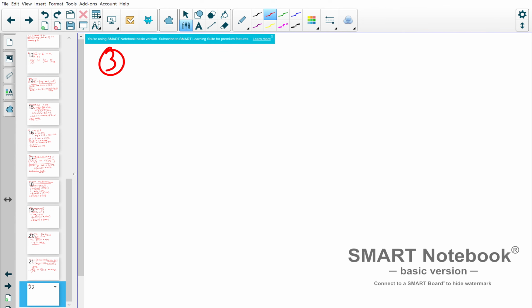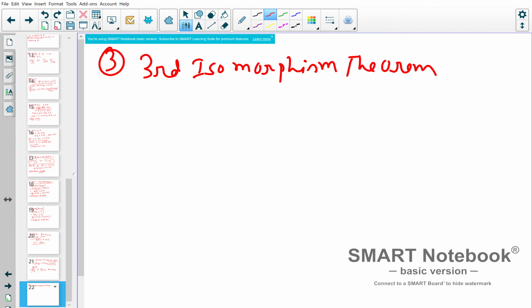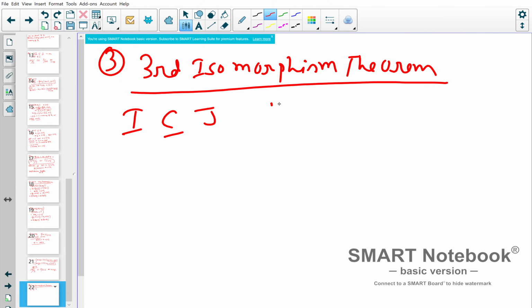And the third one is simple. So the proof is simple. So should I give a proof or not? So let's see the third isomorphism theorem for rings. What is that? It tells you that suppose we have two ideals, I is a subset of J, and these are two ideals of R. Okay.